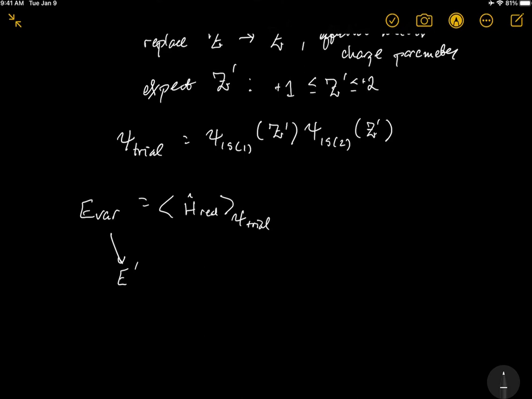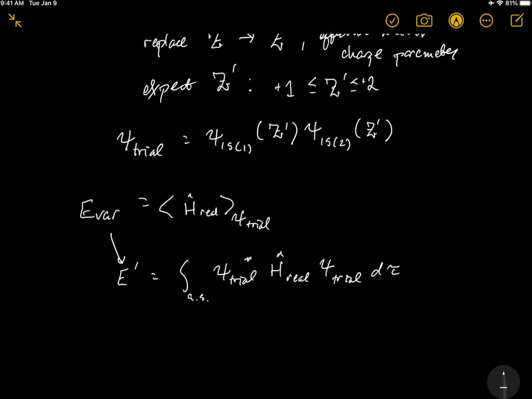That's going to be our variational energy, and that's going to be, again, equal to this based on this expectation value expression. We're going to have an integral over all space of psi trial star, and then our real or true or complete Hamiltonian. So we have this sandwich between the trial wave function and its complex conjugate.